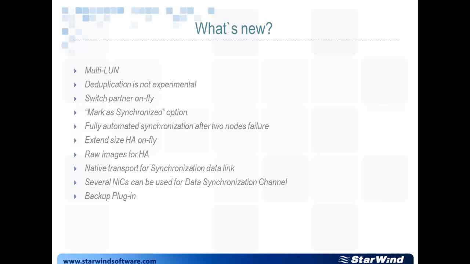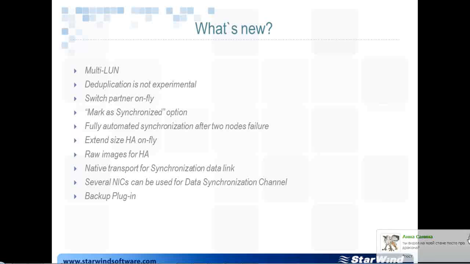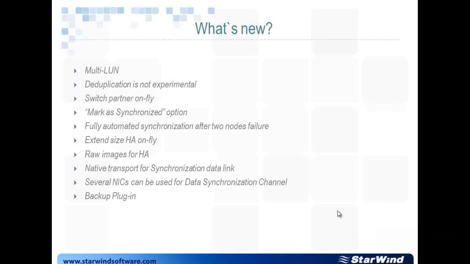First of all, this is multi-LAN support. Multi-LAN support has been added for non-HA targets. I think it shouldn't need to be explained. Also, deduplication. First of all, deduplication is not experimental anymore.